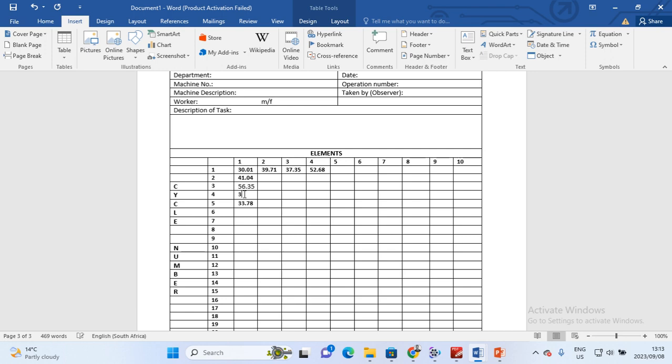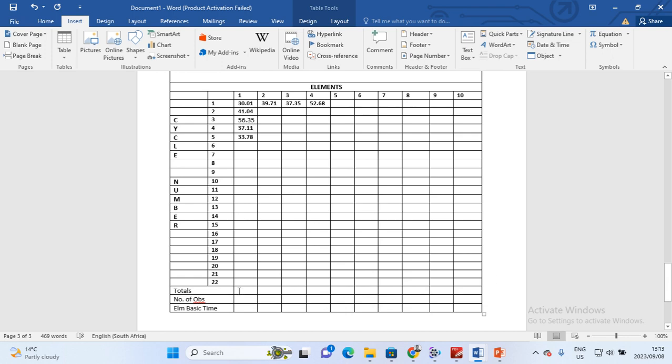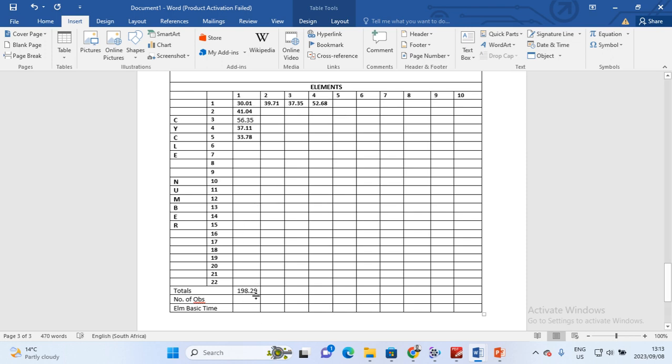This is 37.11. And your answer should be 198.29, and you find it by finding the sum of this element here.